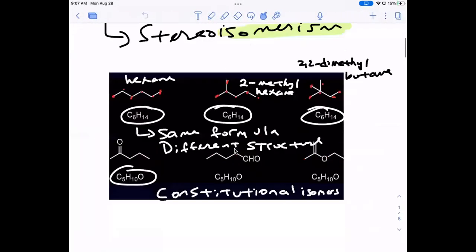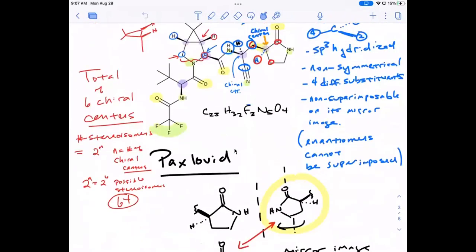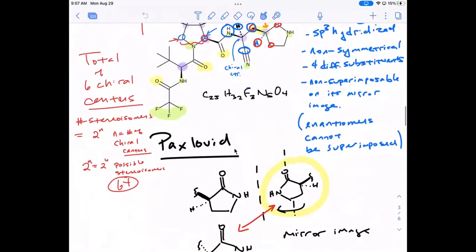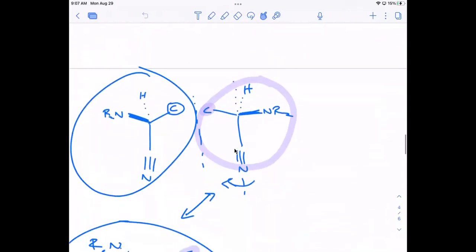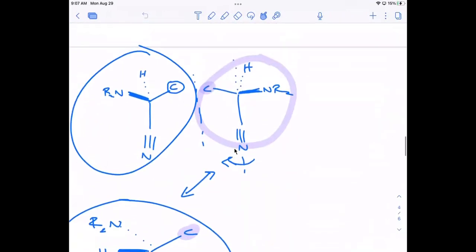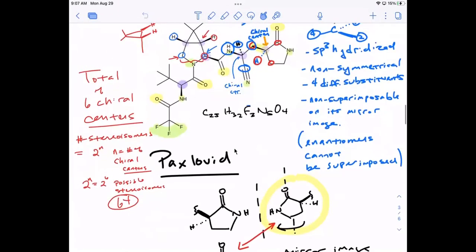Where we left off on Friday, we were talking about Paxlovid, chirality, and how to identify chiral centers. We touched on drawing mirror images, and we were going through this molecule identifying these chiral centers and looking at the four different substituents attached to each center.